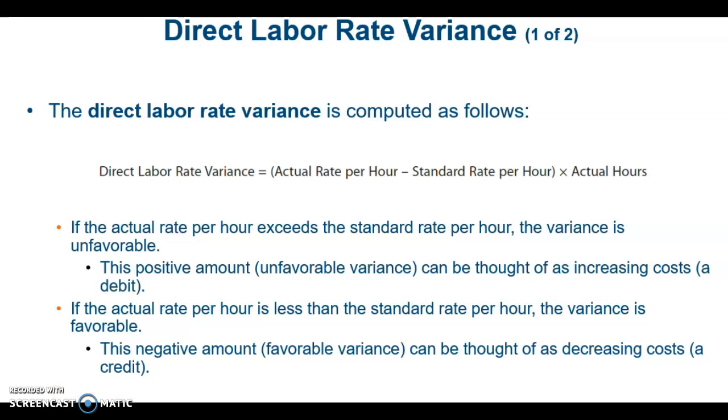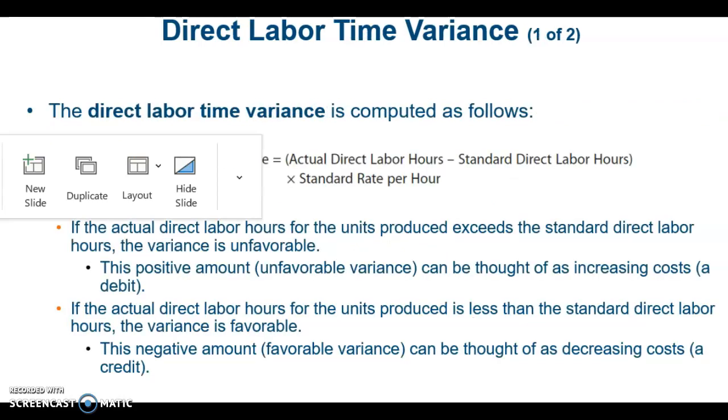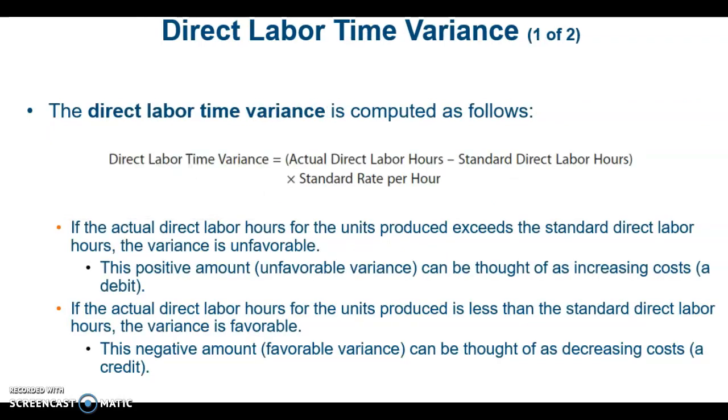And then next we will do our quantity variance, which we're talking about direct labor. We will call it time variance. So same thing here, we've got direct labor hours, which is a quantity of time.